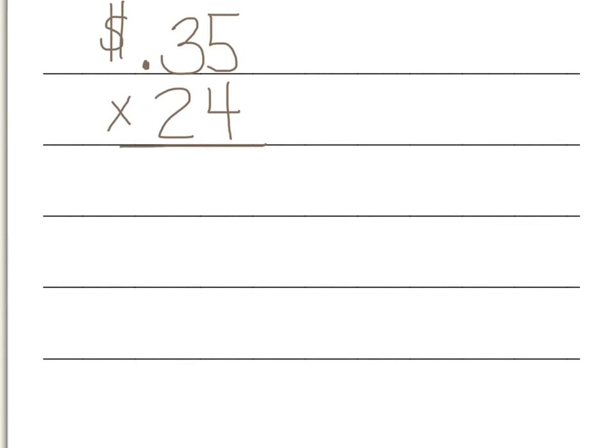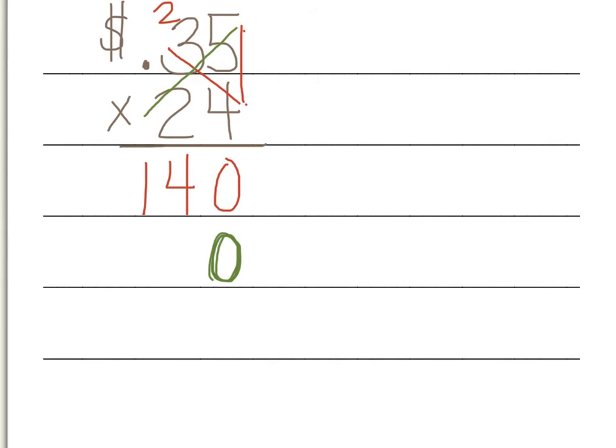Well, I'm going to start with my ones place. 4 times 5 is 20. Carry my 2. 4 times 3 is 12, plus the 2 is 14. Permission to move to the tens place, and then I move to the tens place, which is 2 times 5 is 10. Carry my 1.